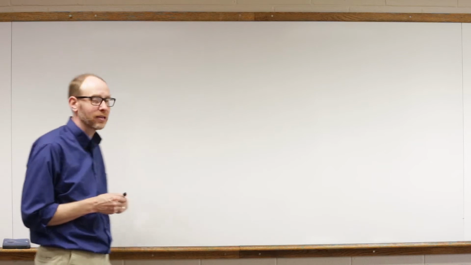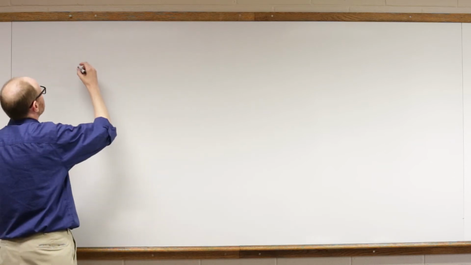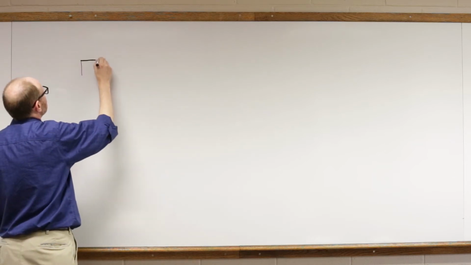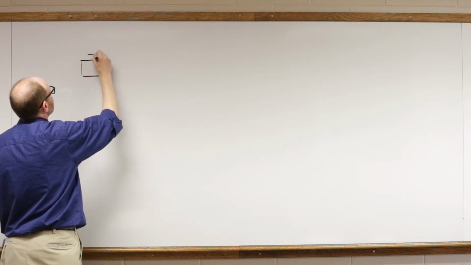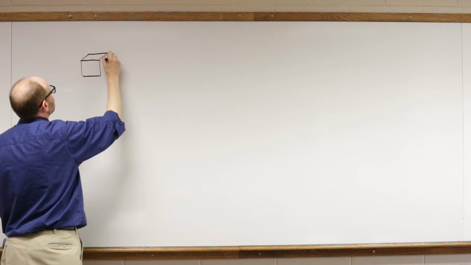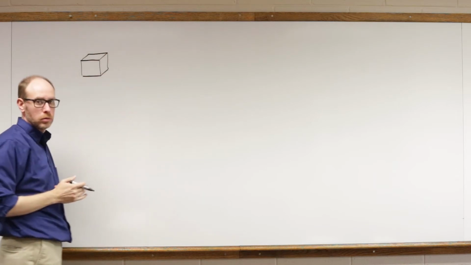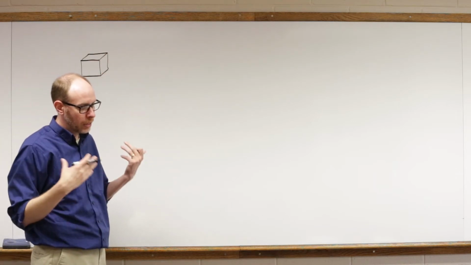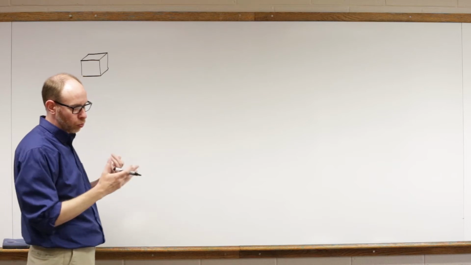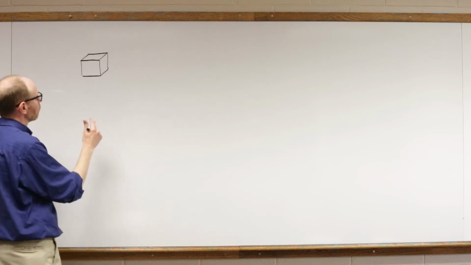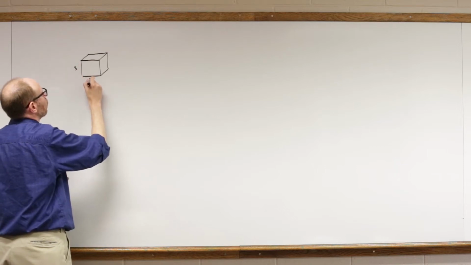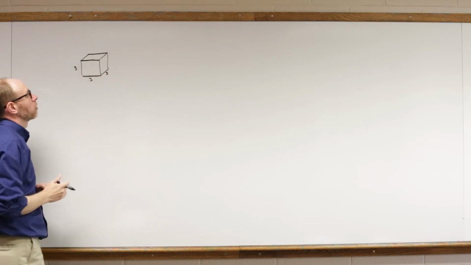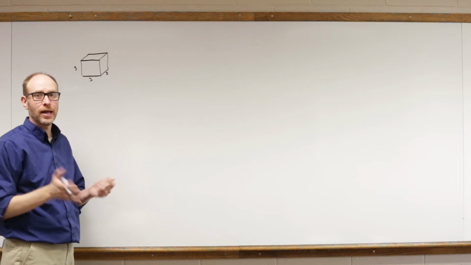So this problem asks us, we have this cube of gold. And this cube of gold happens to be 3 centimeters on a side, which means the height, the width, and the depth are all 3 centimeters.